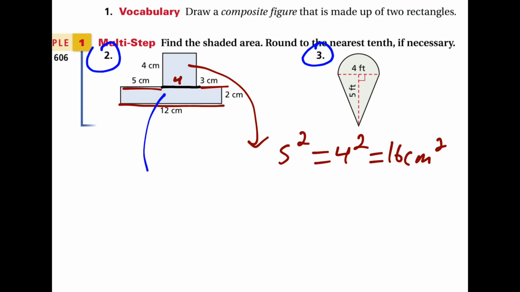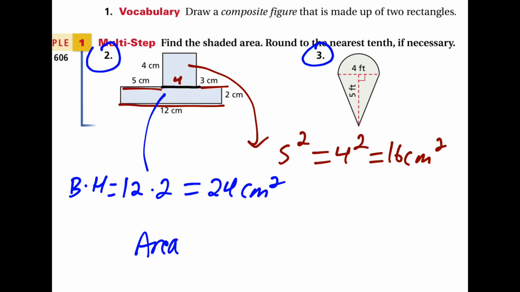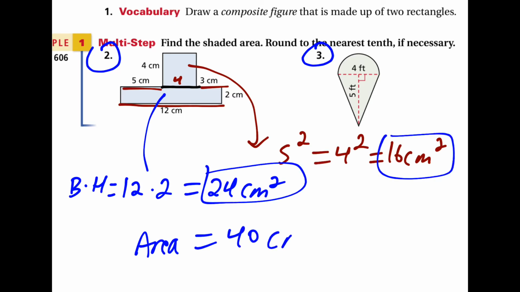Then to find the area of the rectangle, this is going to be 12 times 2. Because base times height is the formula. So this is going to be 24 centimeters squared. To find the entire area, we add the two together, 16 plus 24, and we get 40 centimeters squared.